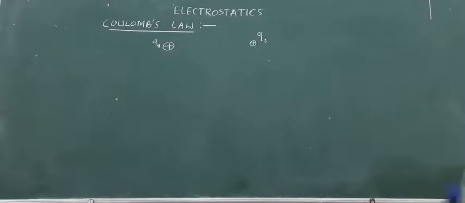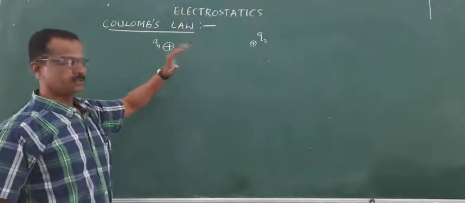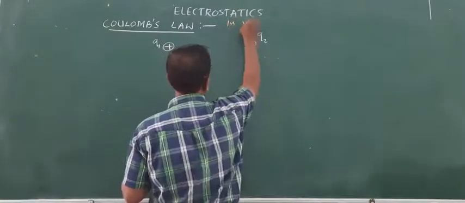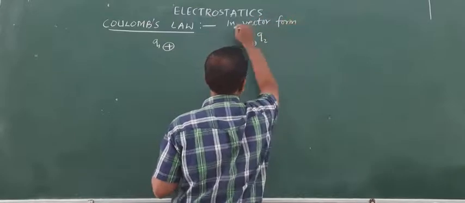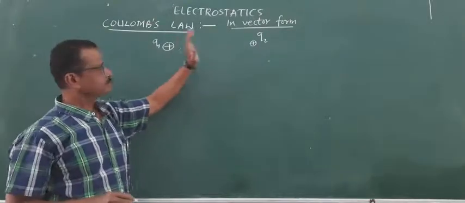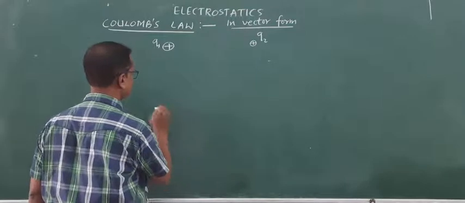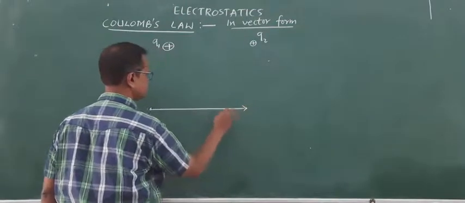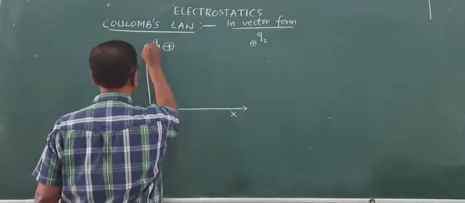Now let us consider two charges. We are going to discuss Coulomb's law in vector form. For that, let us consider these two charges, Q1 and Q2, and consider the system of coordinates. This is the x-axis and this is the y-axis.